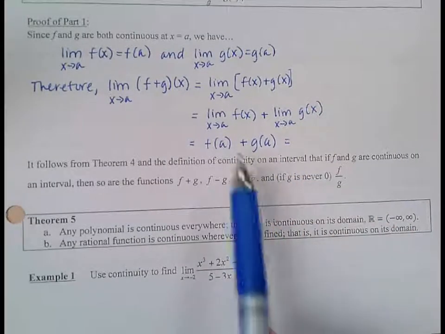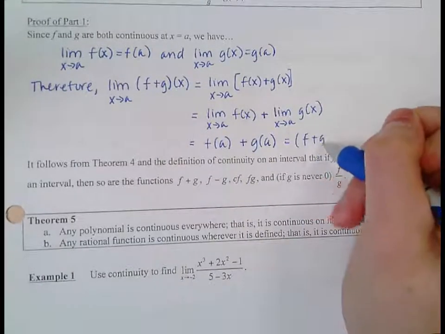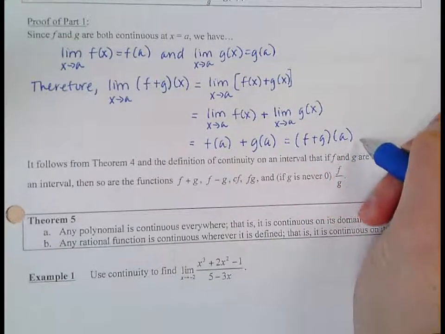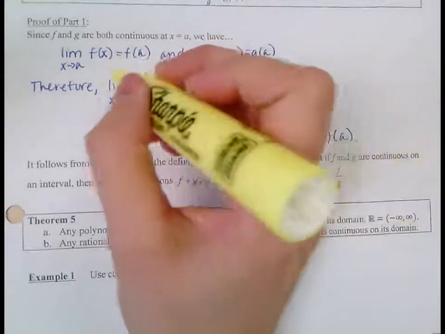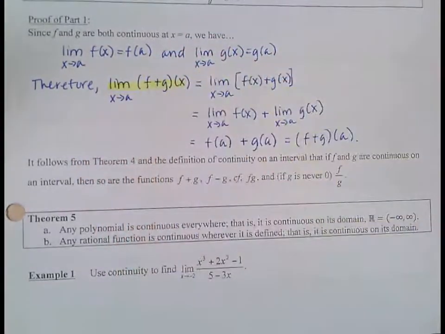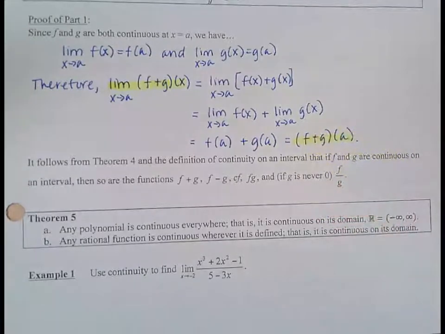And then I can write f of a plus g of a as f plus g of a. So ultimately, I have shown that the limit as x approaches a of f plus g of x is equal to the function value f plus g of a, using limit laws in between.